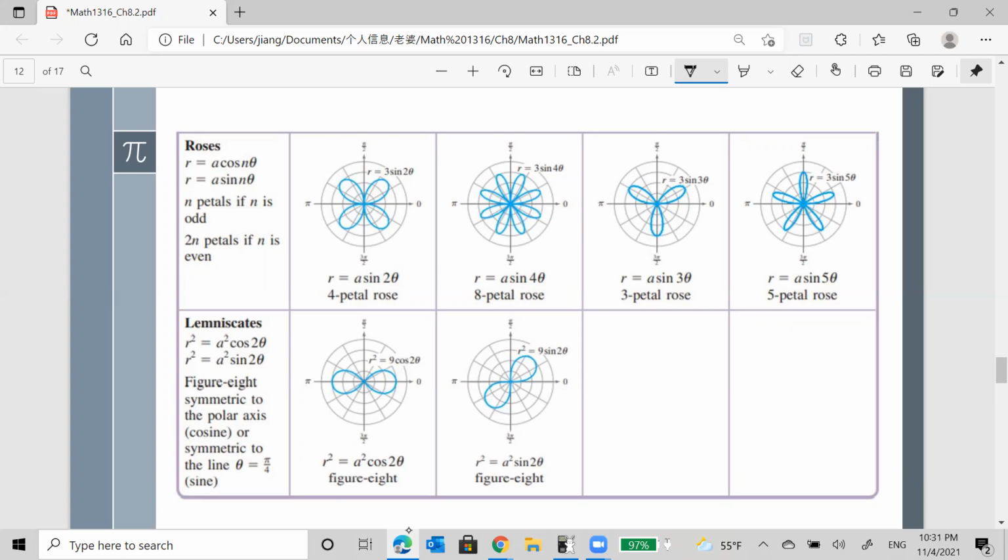If here is sine, the figure 8 shape is symmetric to the line theta equals pi over 4. I know theta equals pi over 4 is a diagonal line like this. So if here is sine 2 theta, the shape is symmetric to the line theta equals pi over 4. This is a straight line.